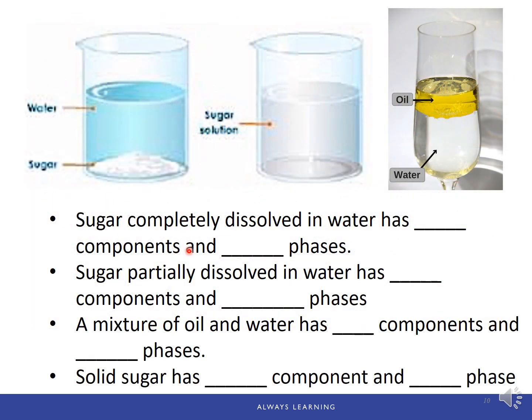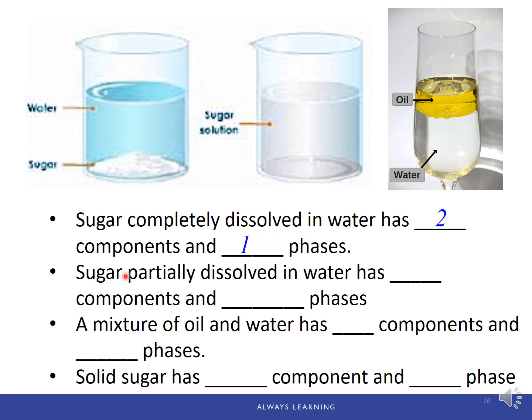Now let's practice the new terms we just learned, component and phase. Sugar completely dissolved in water has how many components? Two components, right? The two components are water plus sugar, and there is one phase because it is completely dissolved, which is the liquid phase.